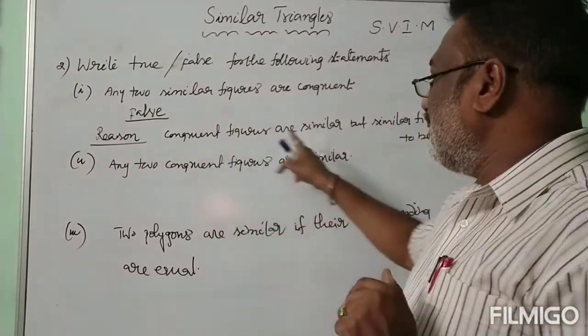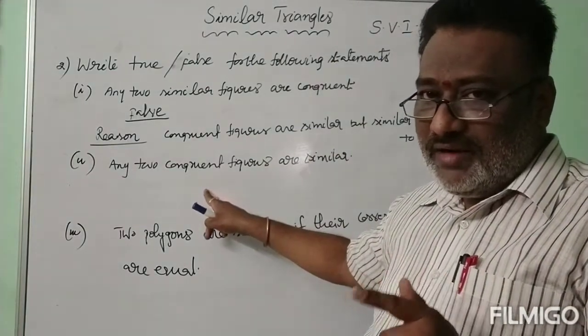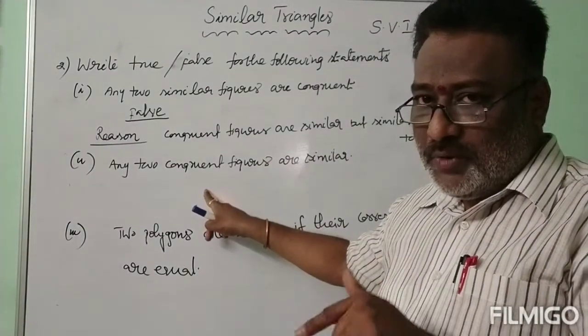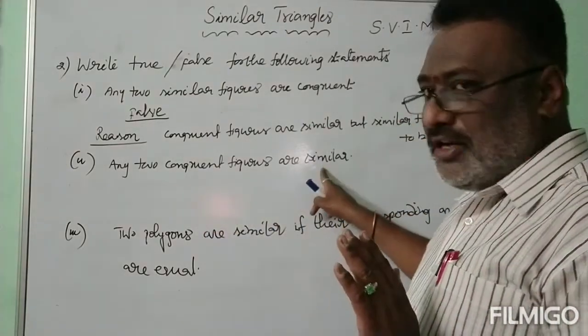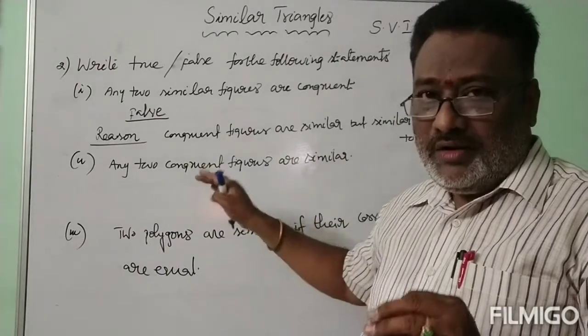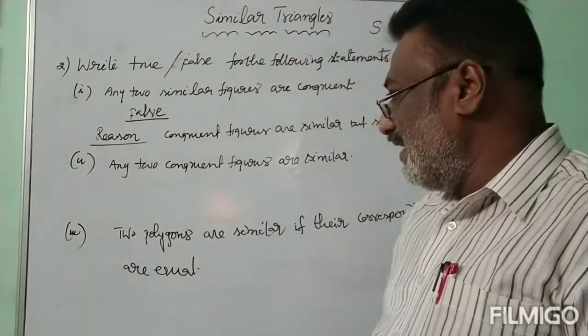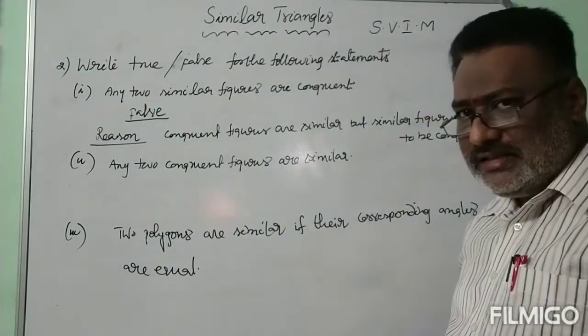So the first condition is already satisfied. Second condition, corresponding sides are equal is nothing but corresponding sides are also in proportion. So the two conditions of similarity are also followed by these two figures. So congruent figures are always similar. So the statement, any two congruent figures are similar, yes, this is true.